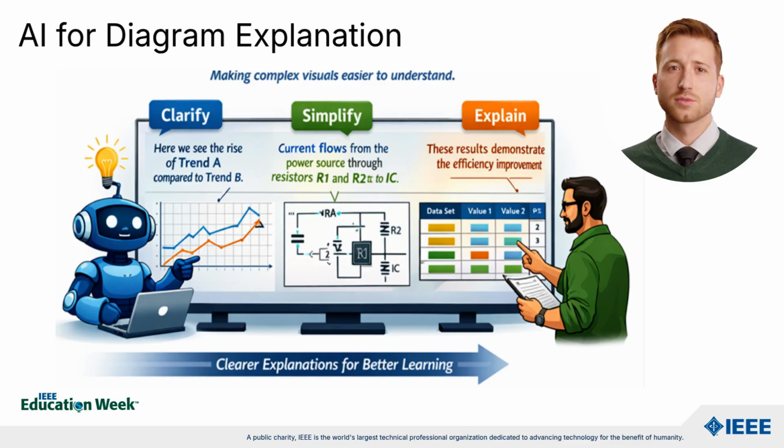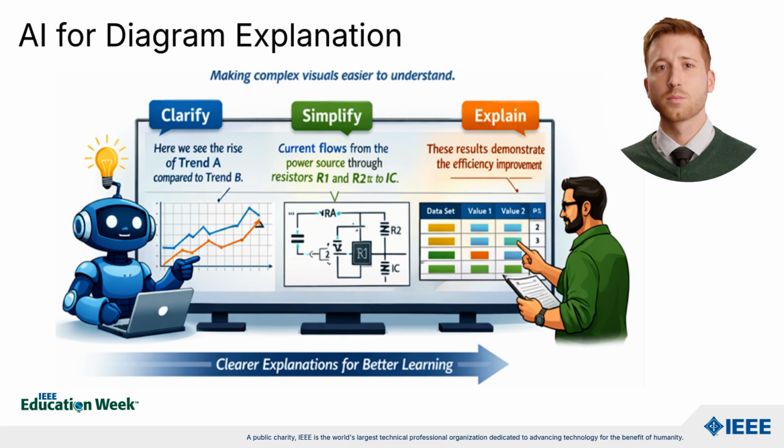Technical diagrams often require precise interpretation, especially when they include layered visuals, symbolic notation, or multi-step processes. These visuals can be challenging for both designers and learners to decode without additional explanation. AI can help by generating clearer, more accessible explanations for graphs, diagrams, and tables. As the document notes, AI can generate clearer explanations for diagrams and graphs, making complex visuals easier to understand and teach.